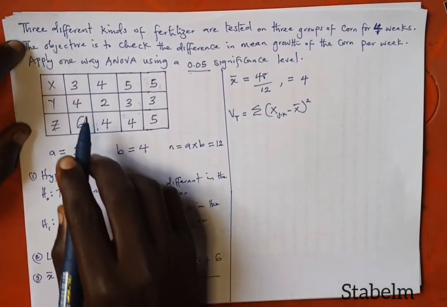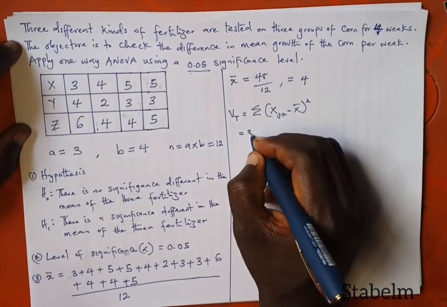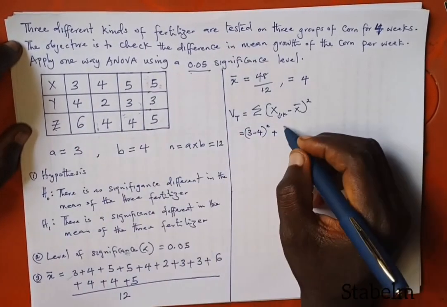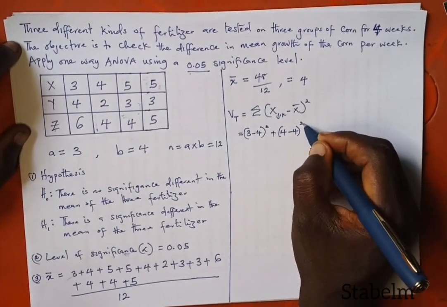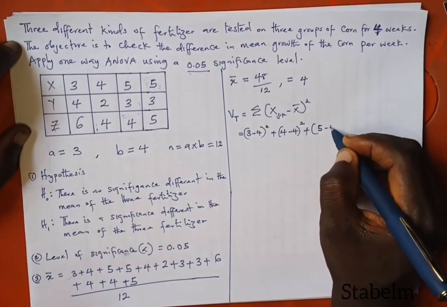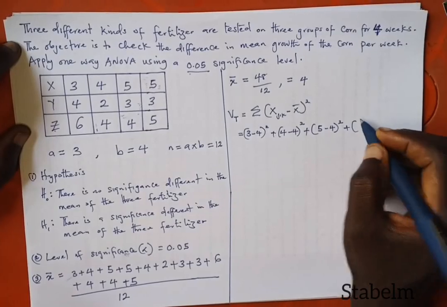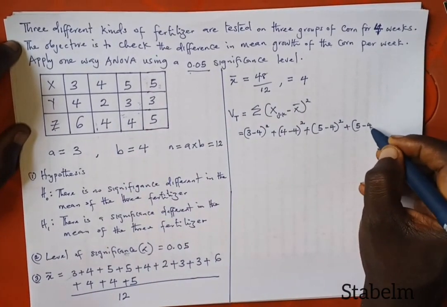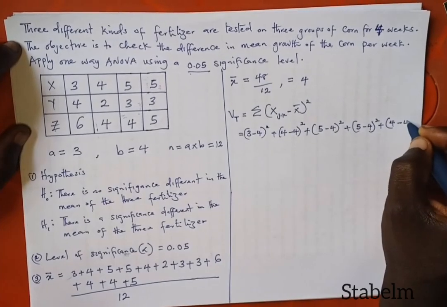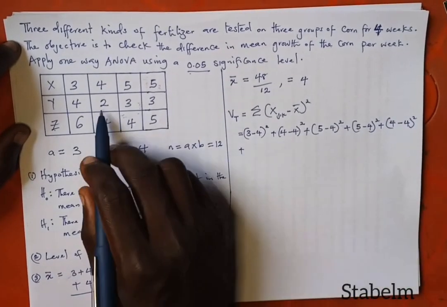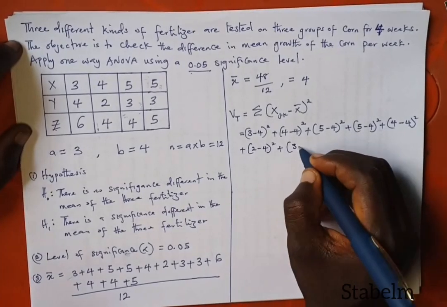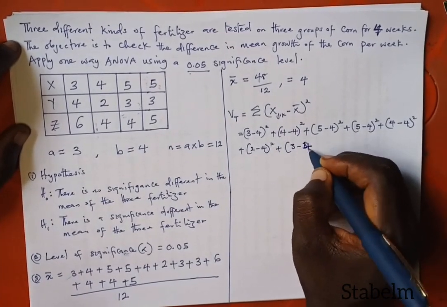So what do we get? Start from the 3. This is equal to 3 minus 4 squared plus 4 minus 4 squared plus 5 minus 4 squared plus 5 minus 4 squared plus 4 minus 4 squared plus 2 minus 4 squared plus 3 minus 4, rather 3 minus 4 squared.